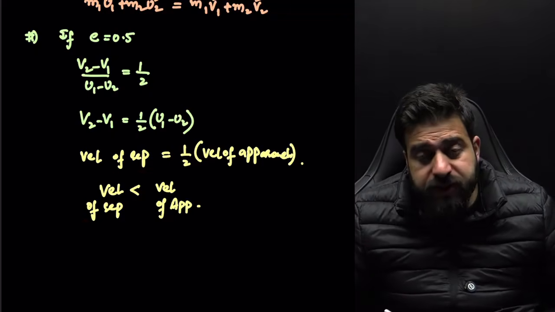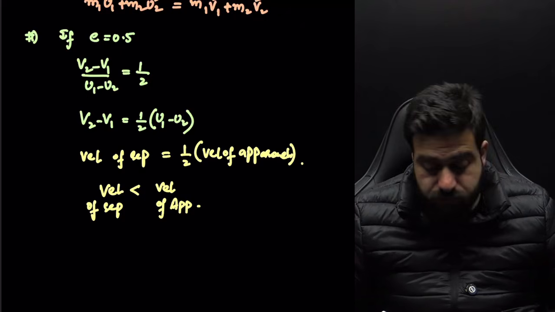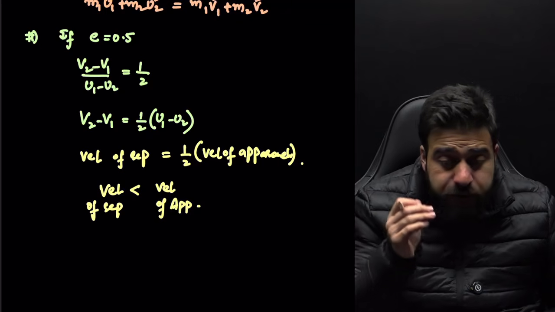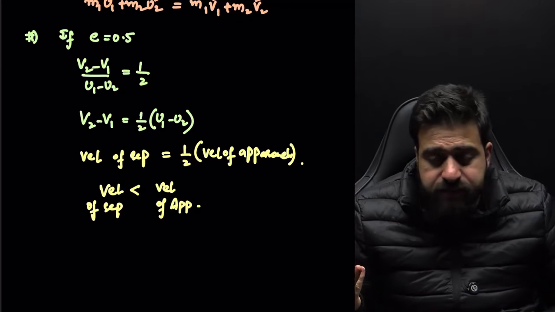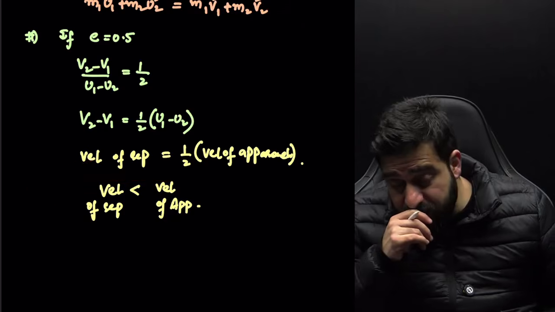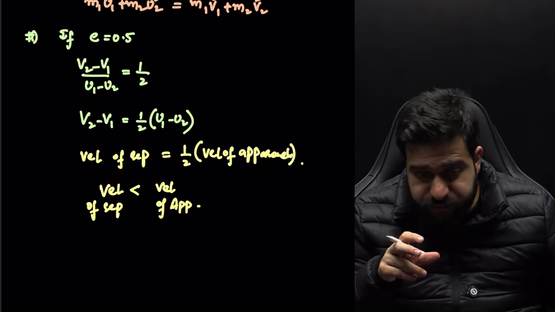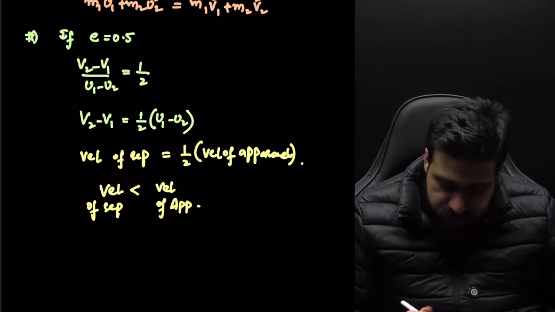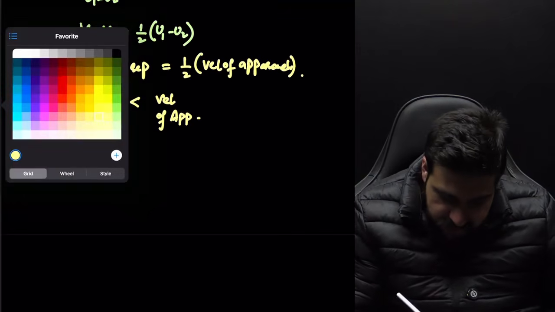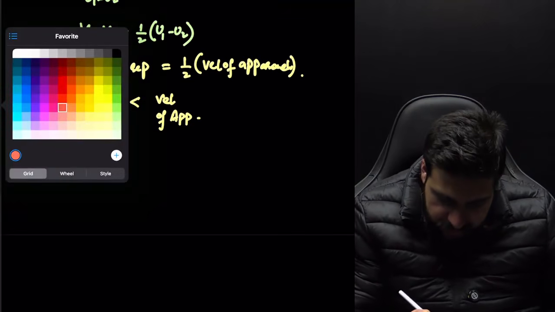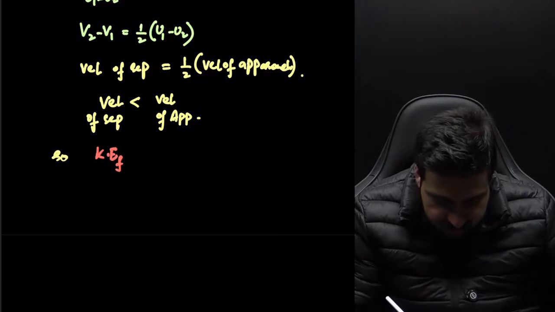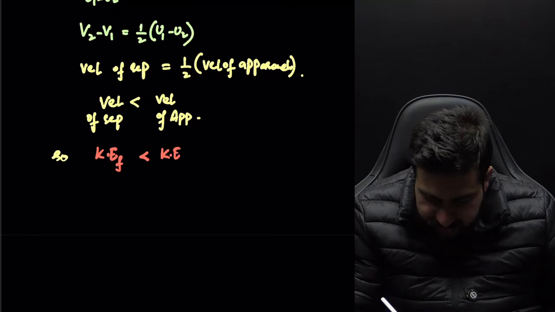Velocity is decreased in this particular case. So it is obviously the magnitude. If magnitude of velocity decreases, kinetic energy decreases. But in case of elastic collision, whatever was velocity of separation, same was velocity of approach. So kinetic energy finally will be less than kinetic energy initially.